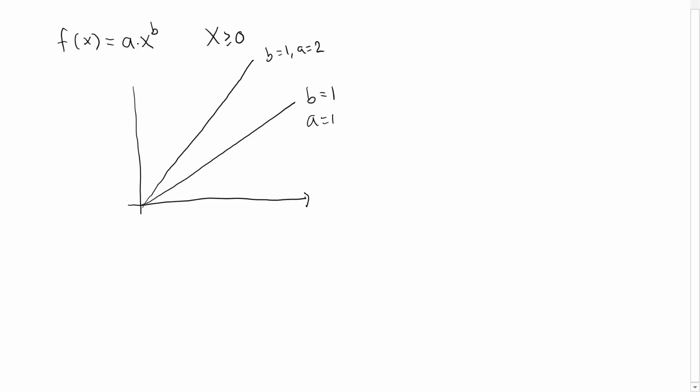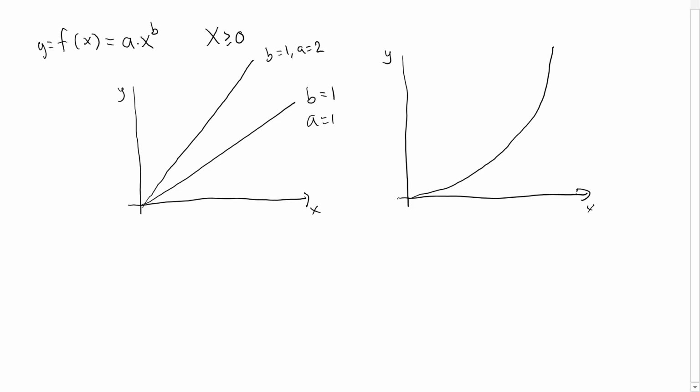For b greater than 1, it has this shape. It's always x on this axis and y here, where y is just the value of the function. So this could be, for example, b equal to 2. And the higher the b is, the more convex this function is. So this is perhaps b equal to 3.